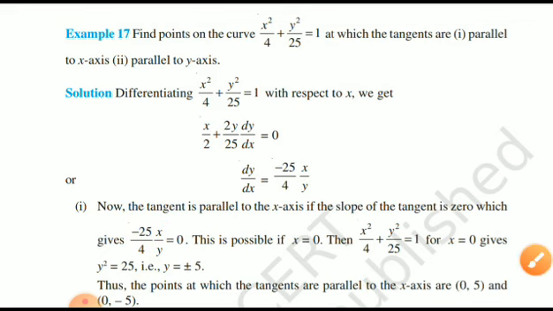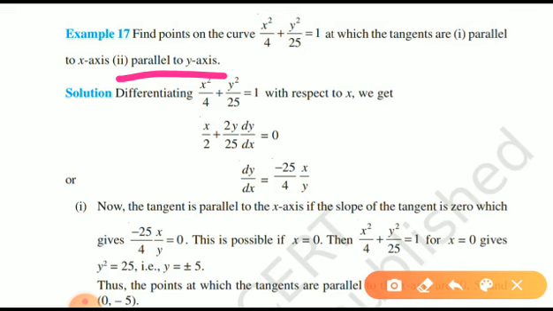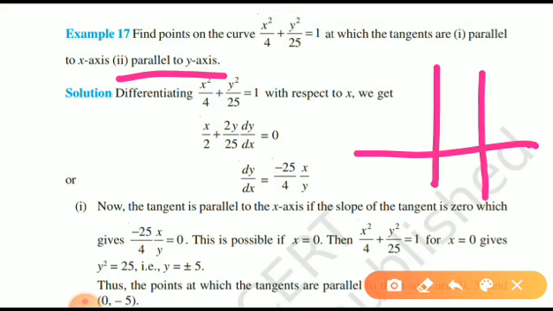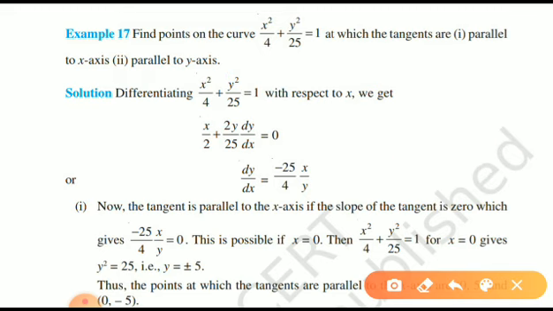Okay, clear? Now see what is next. If it is parallel to the y-axis, that means can I say it will be perpendicular to the x-axis? Yes, perpendicular to the x-axis, that means the product of the slopes of the two lines, m1 into m2, will it be equal to minus 1? So my slope of the tangent was minus 25 by 4 into x by y.